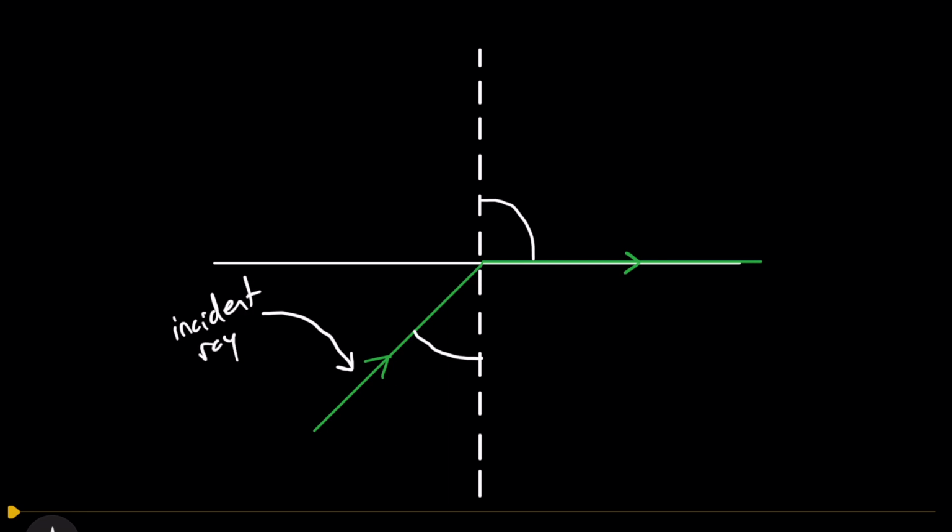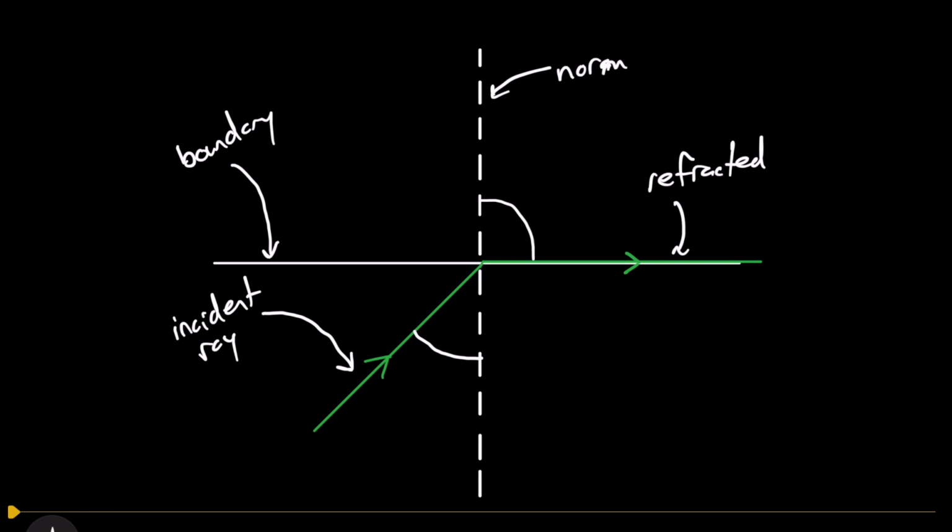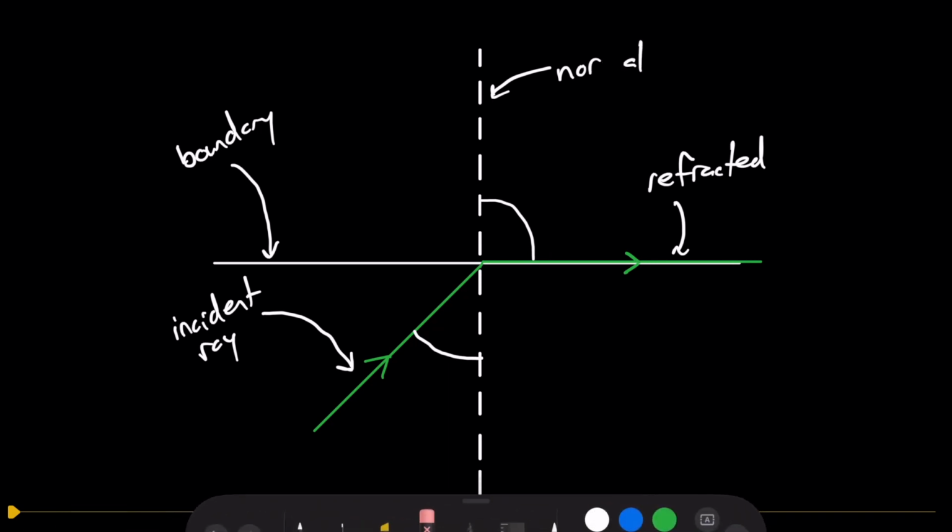And over here, we have our refracted ray. This white line right here is going to be our boundary. And finally, this dotted line, you can probably guess, is going to be our normal.